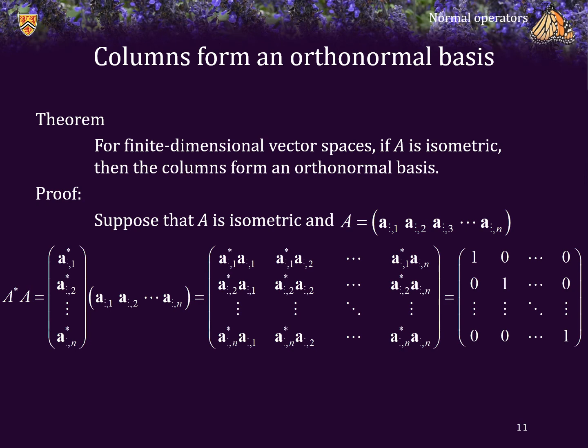Now, notice that of all these inner products, only the inner products of the column vector with itself is equal to 1, and all other inner products are 0. What that says is that the columns do indeed form an orthonormal basis. Thus, the columns of an isometric finite dimensional linear operator form an orthonormal basis.